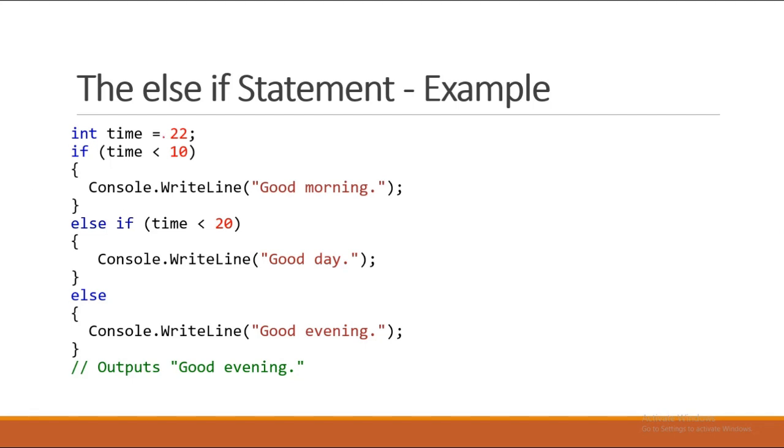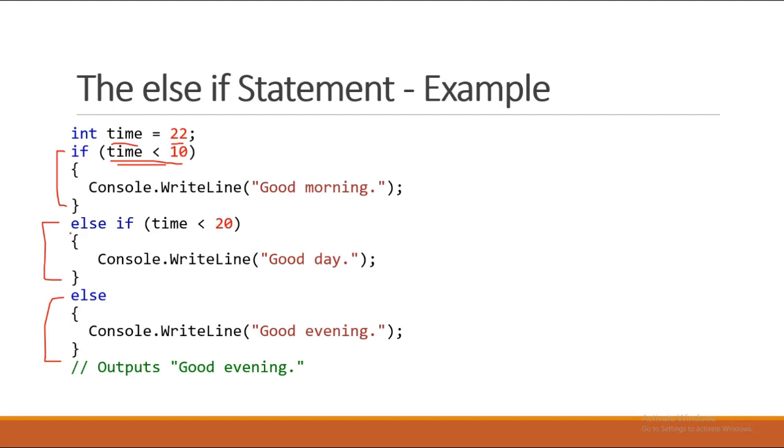And in the example here we have again the time, with the value of 22. We have an if block, an else if block, and an else block. It will check the first condition: time less than 10. No, 22 is not less than 10, because of that it's false.